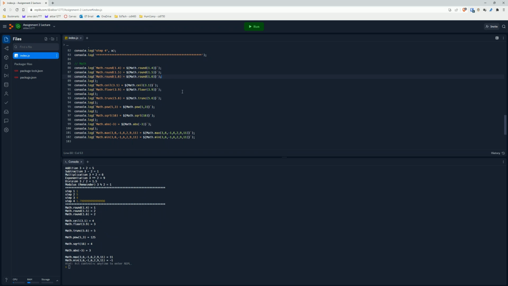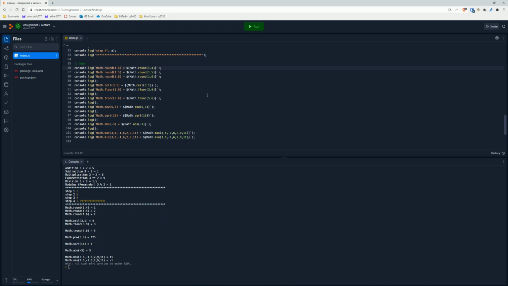I just picked out the most popular and most used functions in the math library. And if you're curious and want to learn more about it, I'll put a link in the description below, and you can read more about it. But for the sake of this course, this is honestly more than we'll probably need. But I want to show you guys all of this.